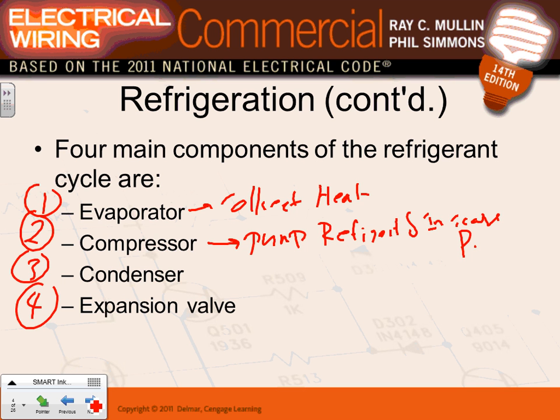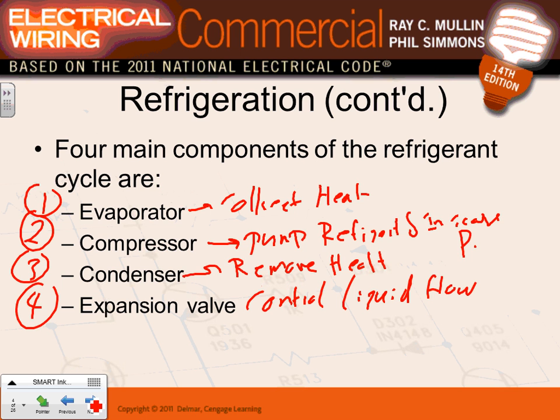Pull the refrigerant and increase the pressure through it. The condenser is to remove heat. And the expansion valve is to control the liquid flow, and in turn, Jeff, control the process of cooling, how much cooling you want.